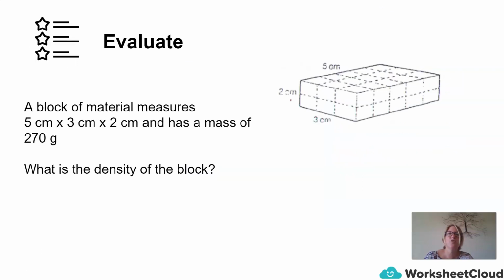Just to check that you understand what we did this lesson, let's do a quick evaluation. I have given you a block of material, and I have filled in the values for you. Our length is 5 centimeters, our width is 3 centimeters, and our height is 2 centimeters.